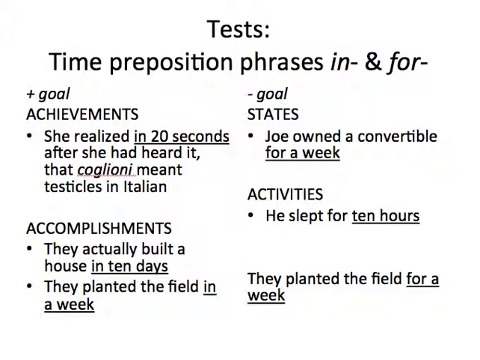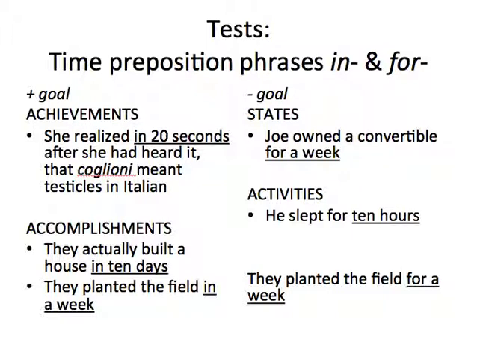Contrast that with the preposition for in a time phrase. Joe owned a convertible for a week. Okay, you can't say Joe owned a convertible in a week. And activities, he slept for 10 hours. You can't really say he slept in 10 hours. And then have a look at the phrase, they planted the field for a week.